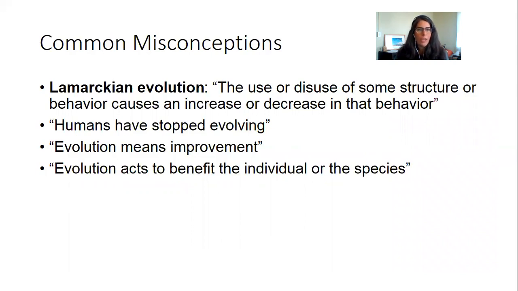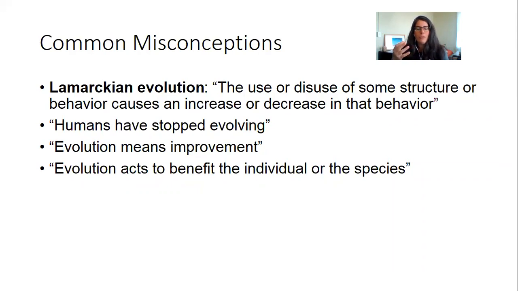If you ever get a chance to read Richard Dawkins' The Selfish Gene, he is a scientist and also an incredible writer who talks about this idea that evolution works at the level of the genes, not at the level of the individual or an entire species.